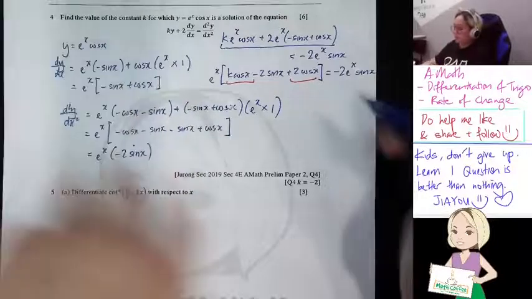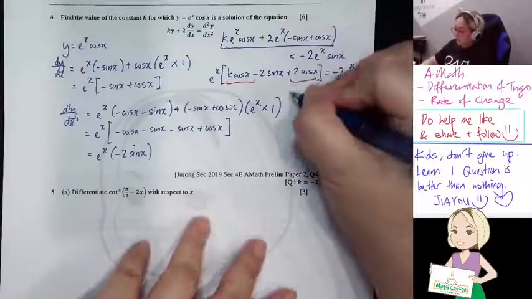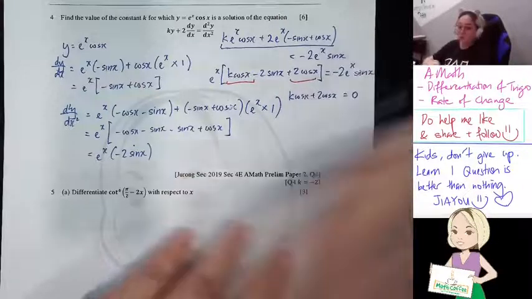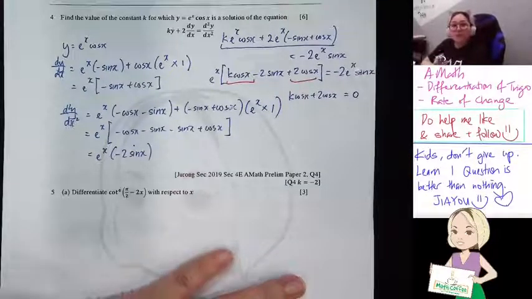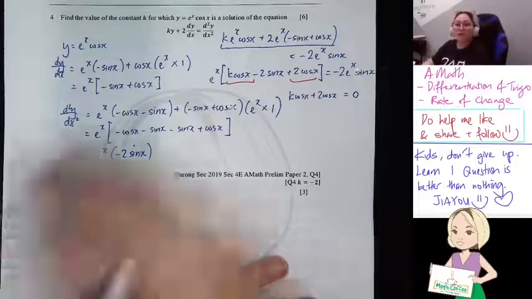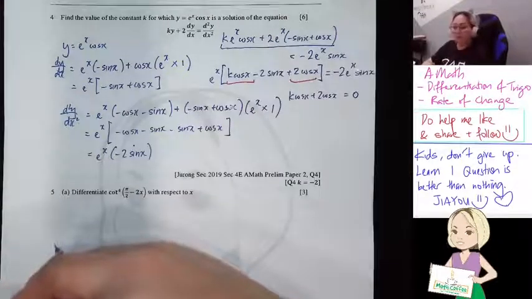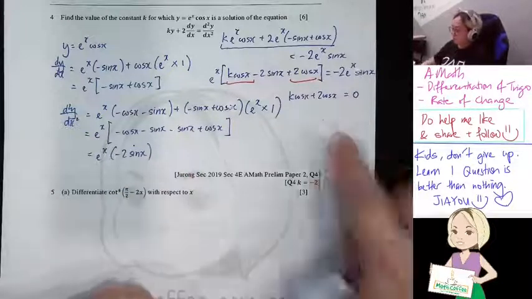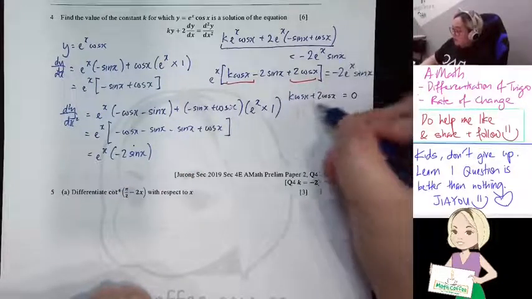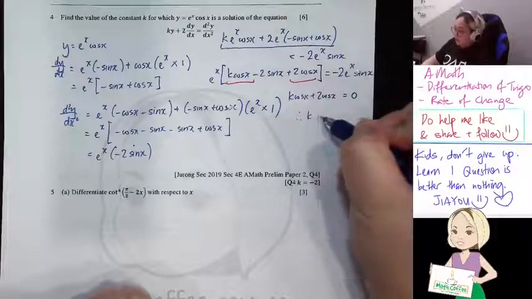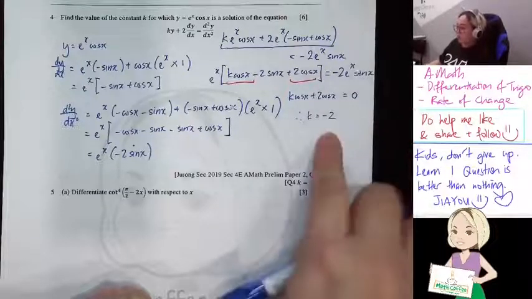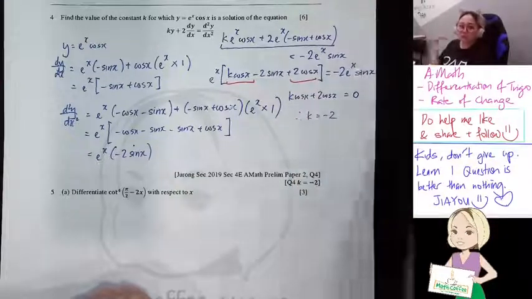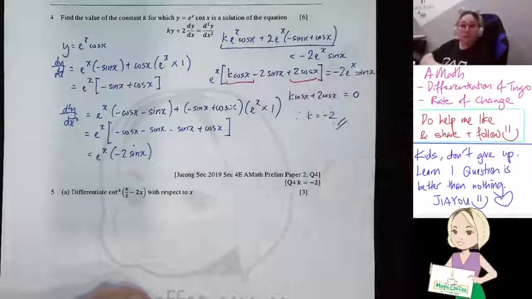So what does that tell you? That tells me that k cosine x plus 2 cosine x is equal to 0. That means they must net off each other, because my right hand side doesn't have any cosine x. So you don't have to make k the subject, you're just comparing coefficients. Therefore I know that my k is equal to negative 2, because minus 2 cosine x plus 2 cosine x will give me 0. And that's how we solve for k.